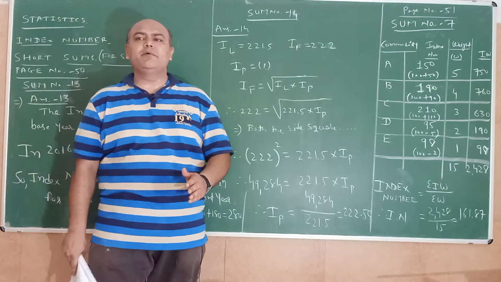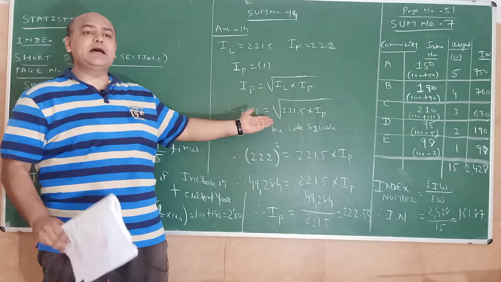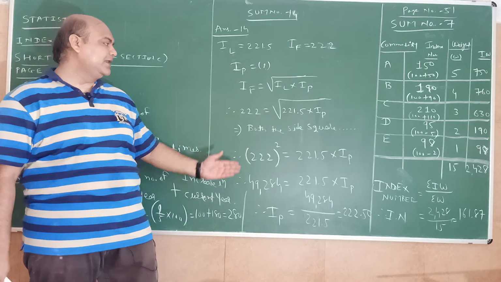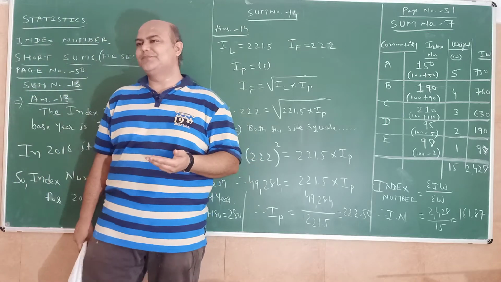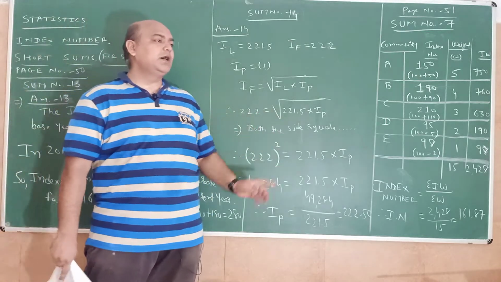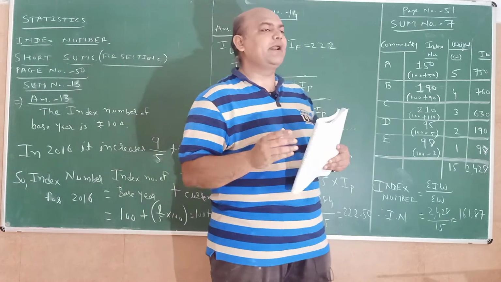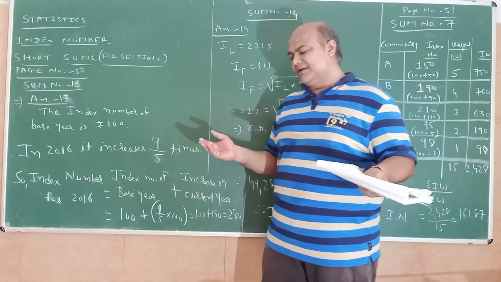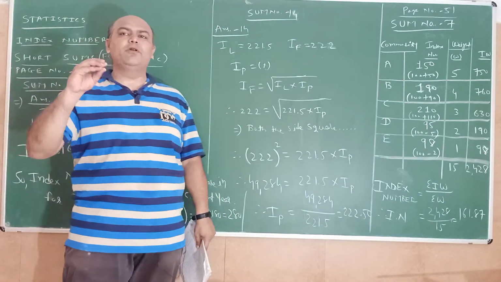Now, as we are all aware, here the digits are under root, while on the LHS, left hand side, the digits are out of the under root. So to remove the under root, what do we have to do, students? We have to square both the sides. As we all know, in mathematics and statistics, we can apply the same operation on both the sides.